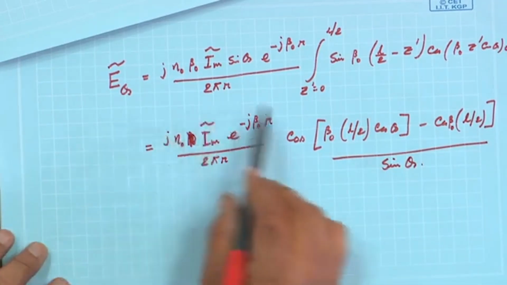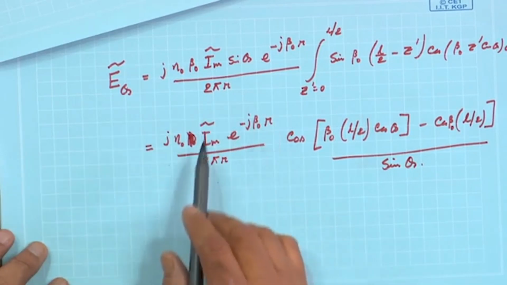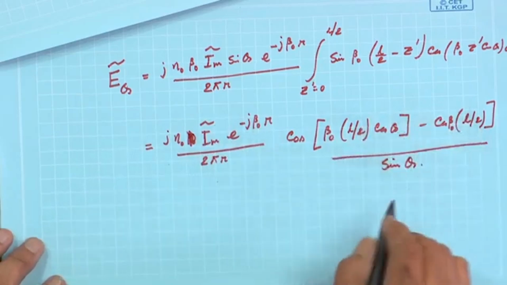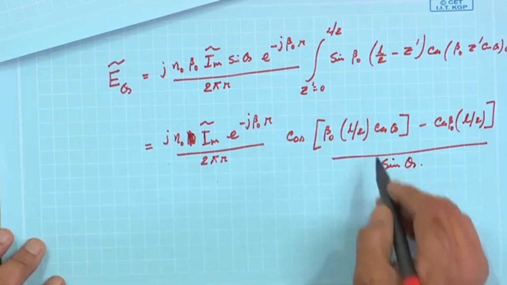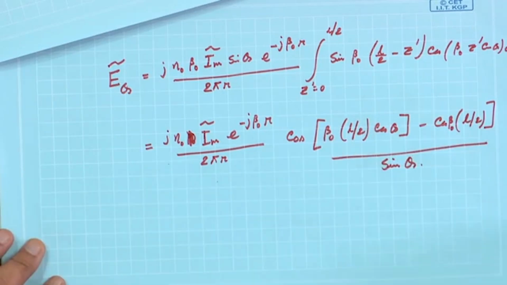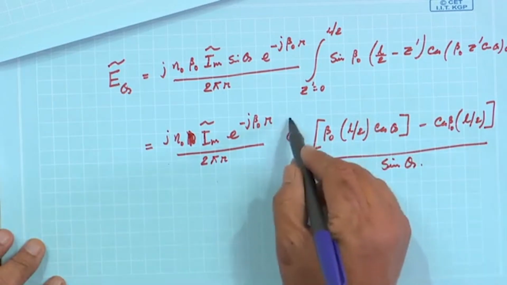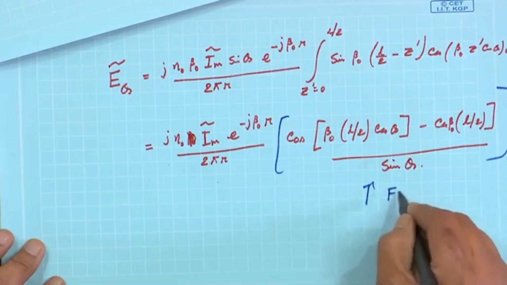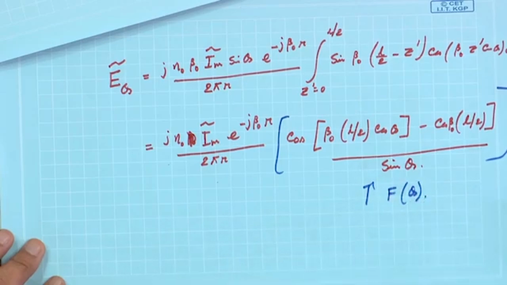Here you see this term does not have any theta variation, all the theta variation is here. So, we will be denoting this whole thing as a function of theta.